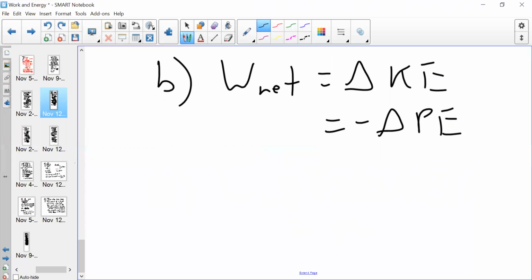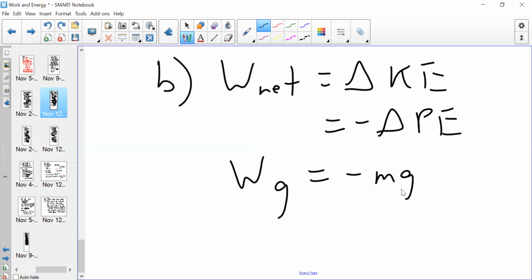The net work done by gravitational force is going to be the negative change in potential energy. As the mass comes down, displacement is down and force of gravity is down, so the work done by gravity is positive, but I'm losing potential energy. And so negative mg from A to C.